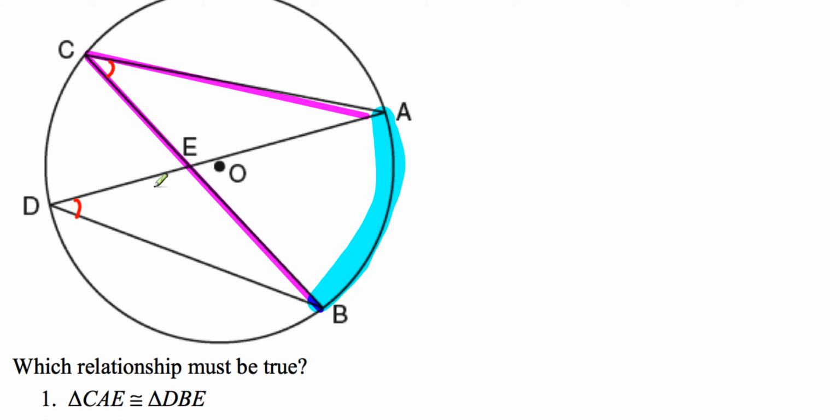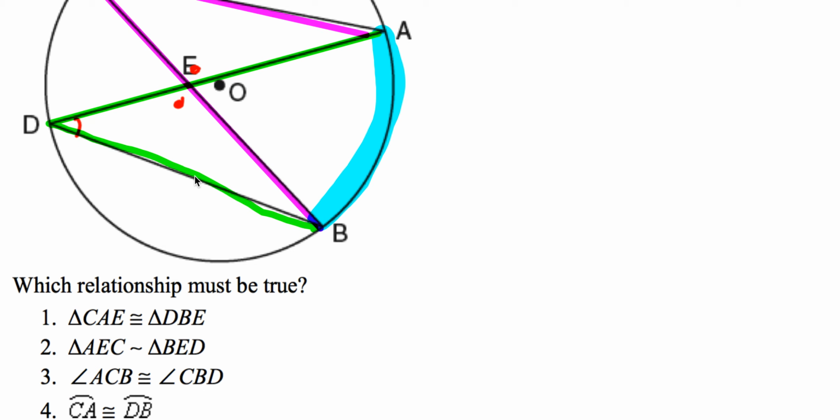Then you will realize that angle D also shares arc AB. So that's why they're equal to each other. Now you can see that these vertical angles are congruent. So in fact, these two triangles have equal angles. Equal angles basically means similar triangles. So AEC and BED are similar. Okay, so that must be true.